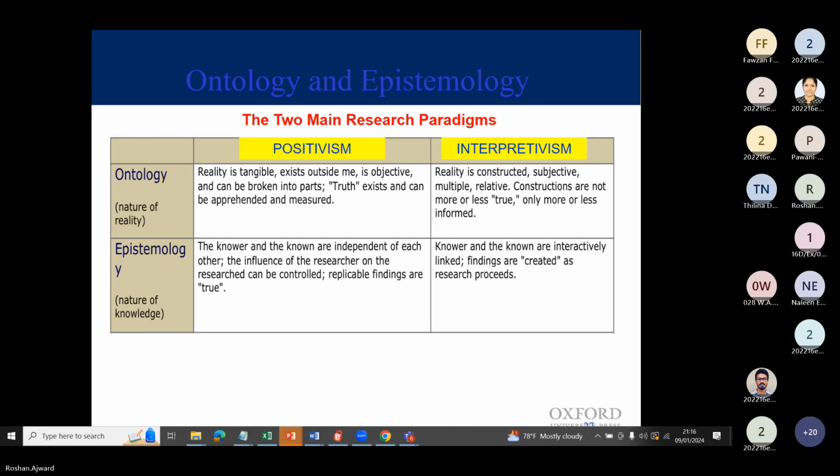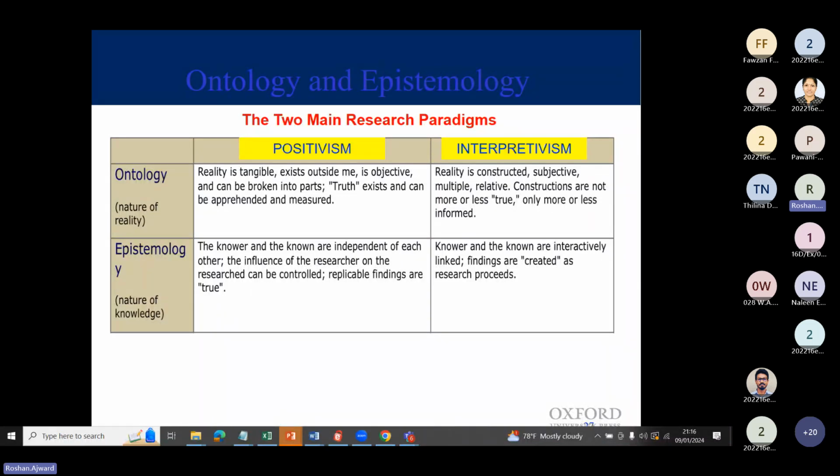What did he do? Interpretivism. He used interpretivism because he understood that in society the same thing is interpreted in different ways, like consuming alcohol, eating pork, and taking interest.